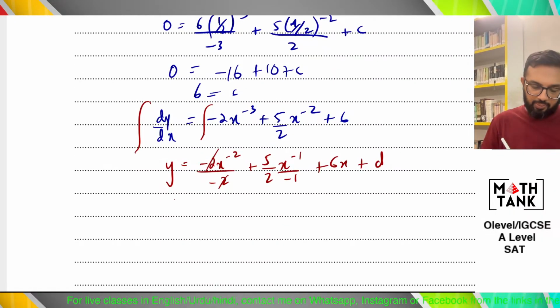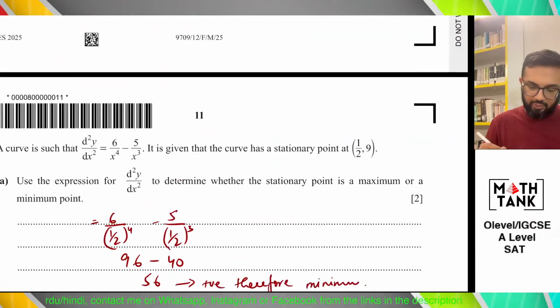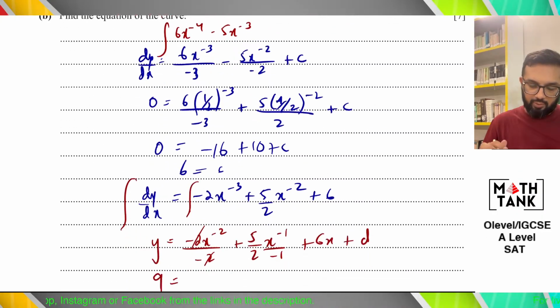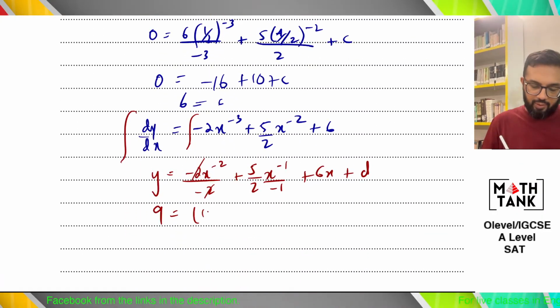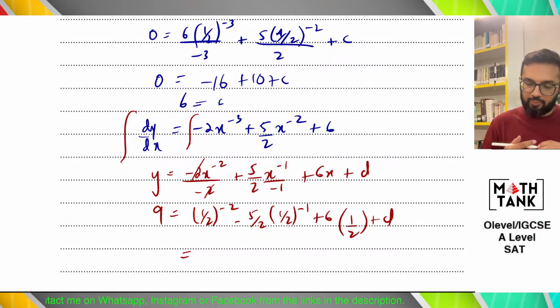So plugging that number in again, 9.5. So half power -2 plus 5/2 minus 5/2 half power -1 plus 6 into half plus d. So 0.5 power -2.